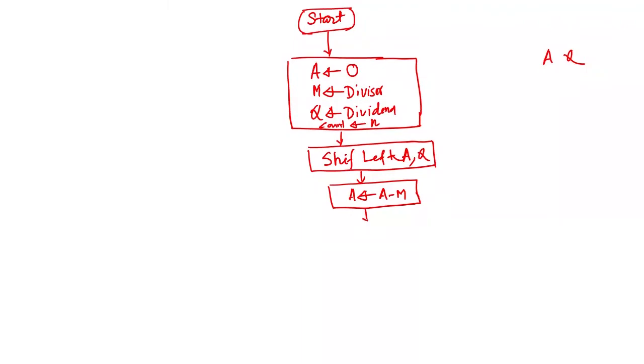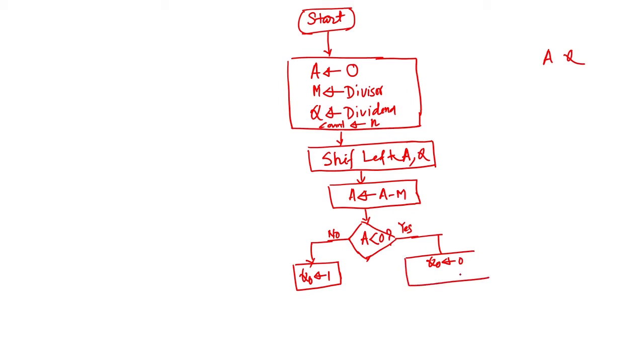If it is smaller, you cannot divide, so you put 0 in the quotient and then we have to restore. Therefore, we need to check whether this value is less than 0. It will have two parts. If it is not, that means it is divisible, so we put Q0 as 1. If it is yes, then we have to restore the value, because it is not divisible.